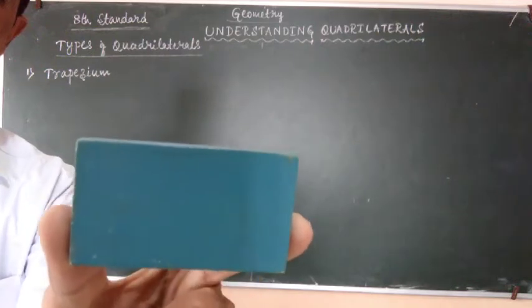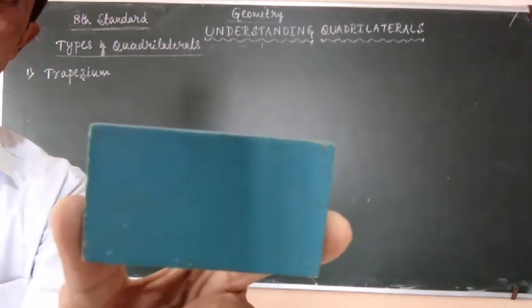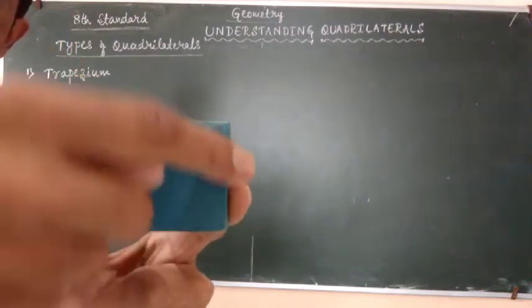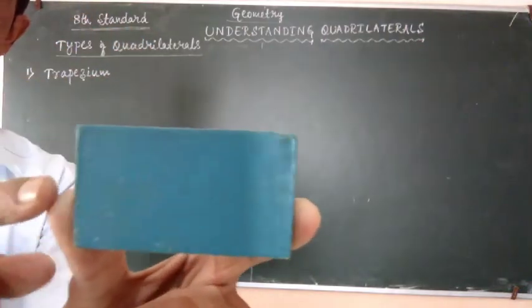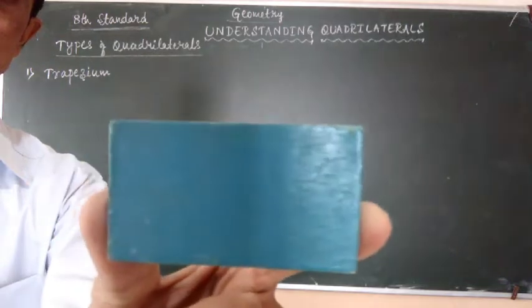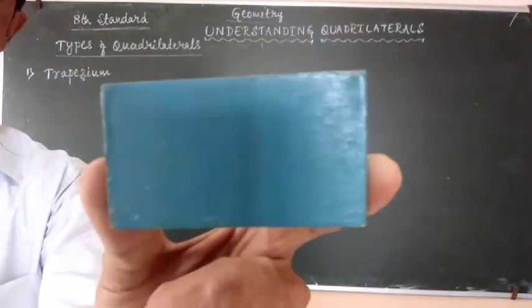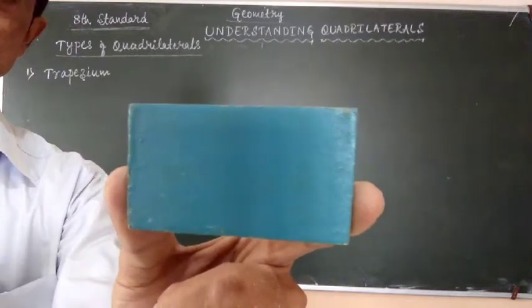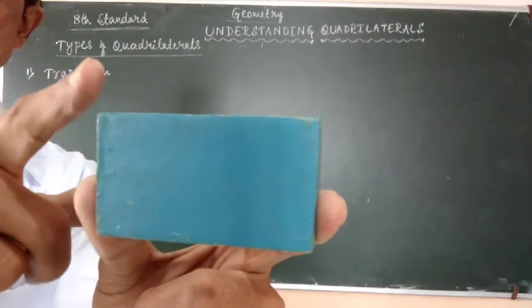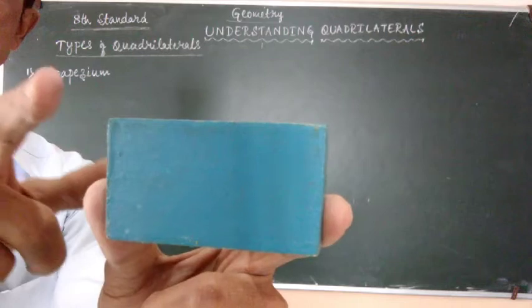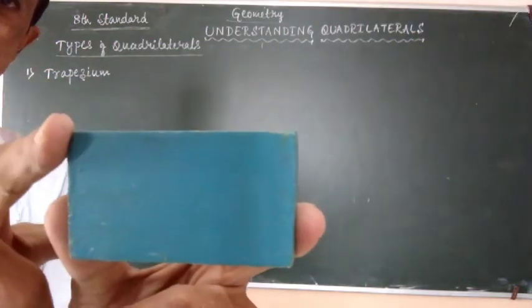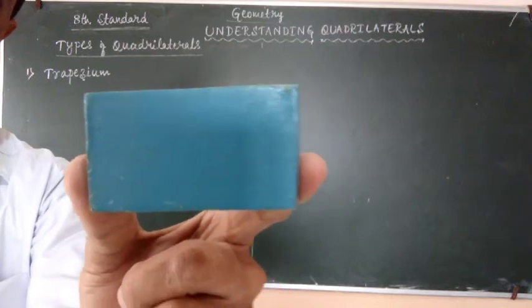This is a quadrilateral. It is bounded by 4 sides. What do you call this quadrilateral? Yes, this is a rectangle. You will see the properties afterwards.